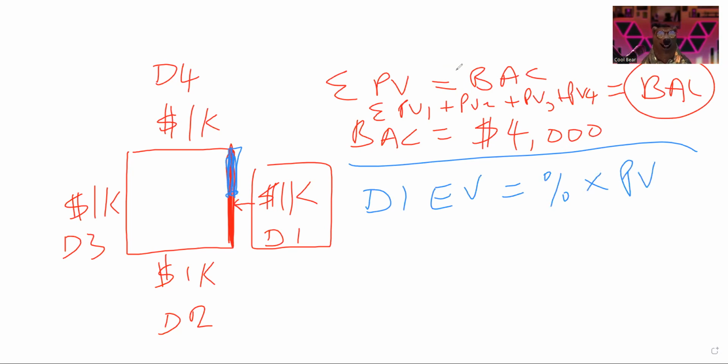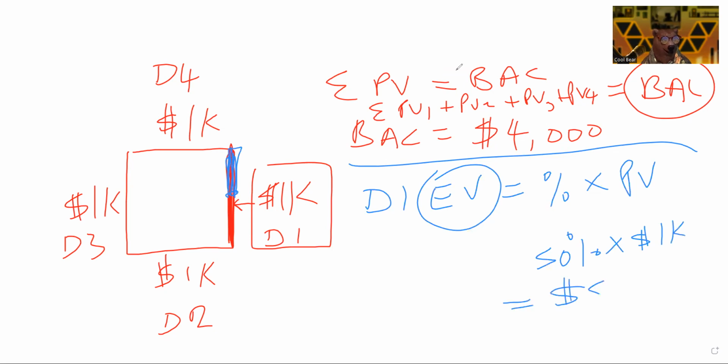In other words, the work earned in terms of value is the work done. So if you did 50% of day one's work, it's 50% times 1,000, and that's $500. And that's why the earned value for day one would be $500.